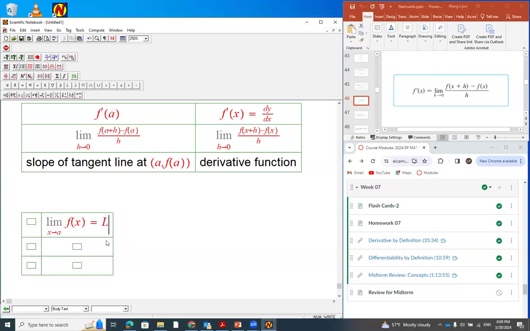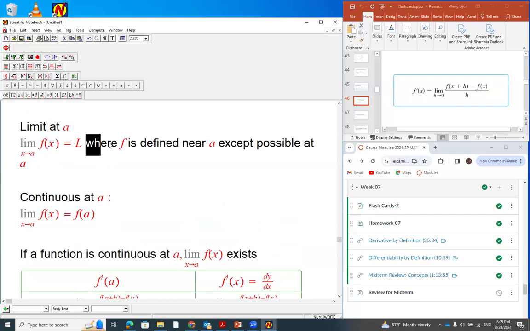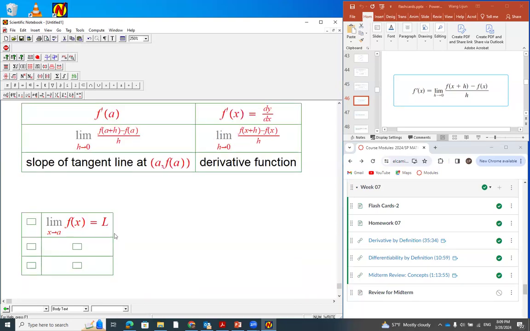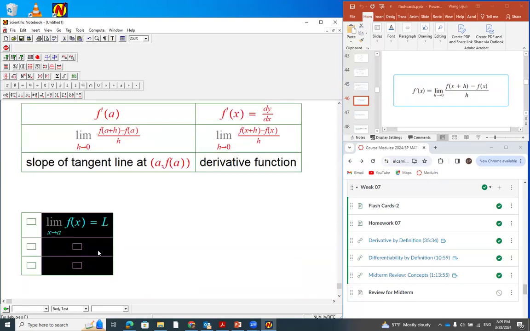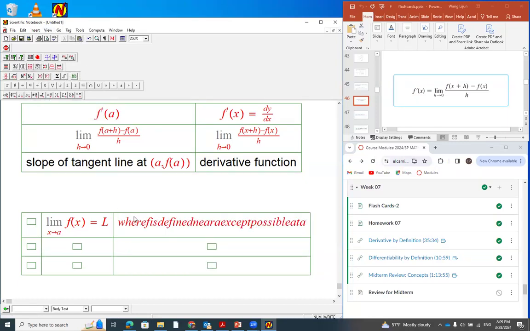And this sentence is very important: f is defined near a except possibly at a. Let me add another column.